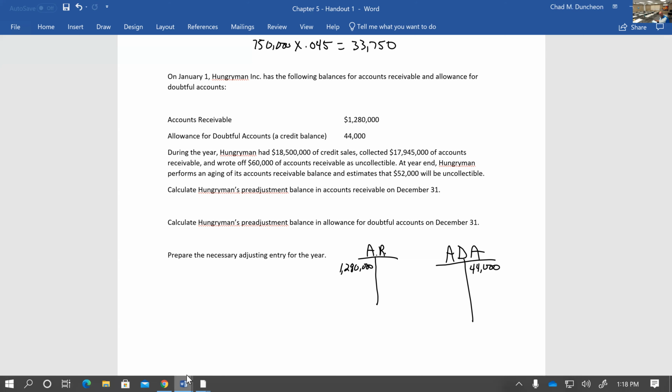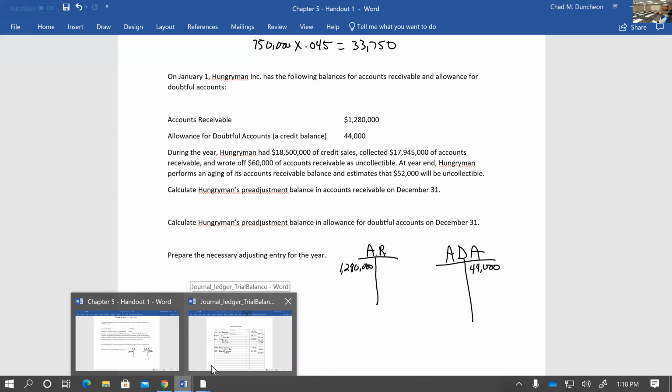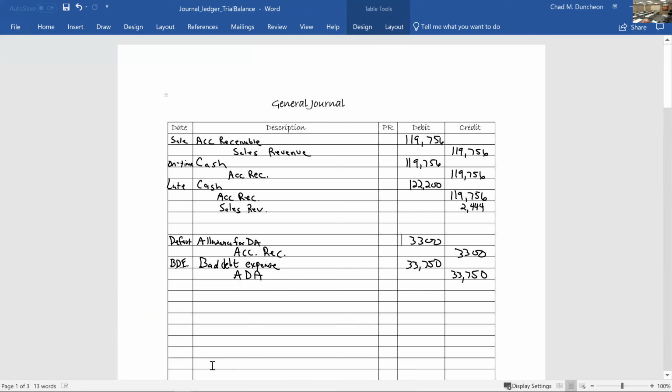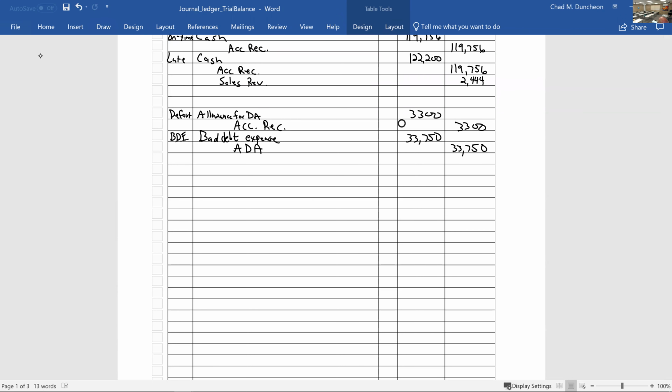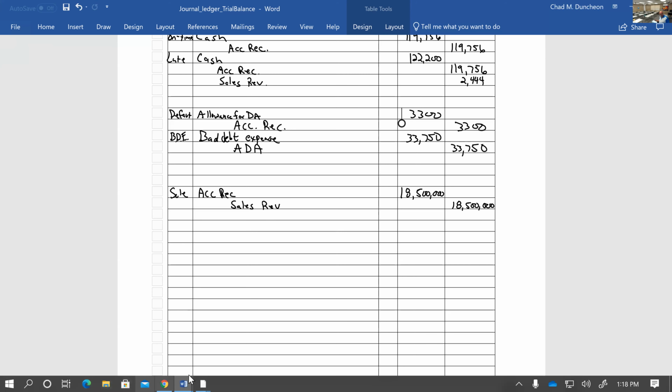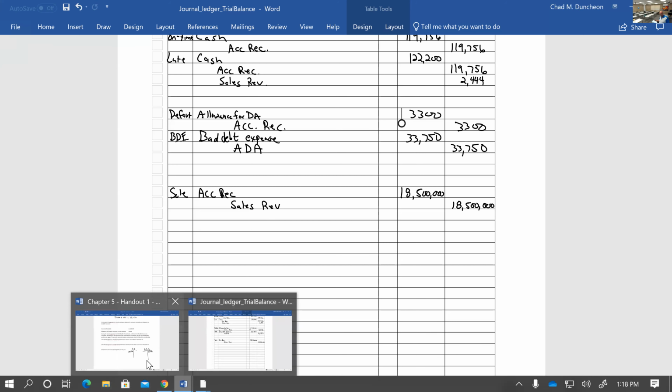If we were going to journal this, when we make the sale, we will debit accounts receivable and credit sales revenue for $18,500. Okay, so that would be our journal entry for the sale.